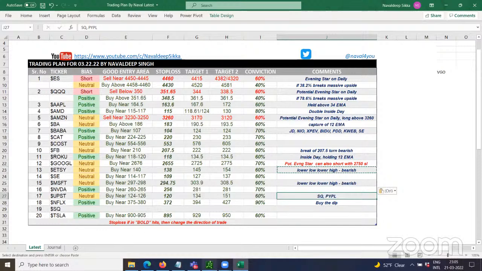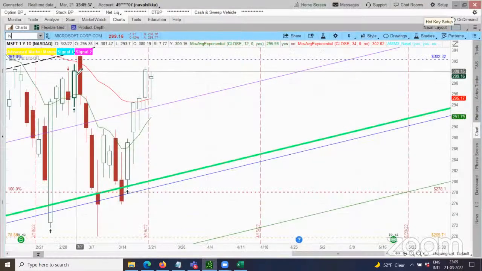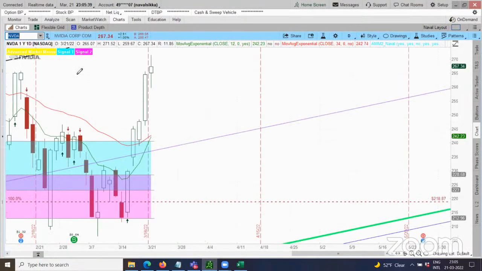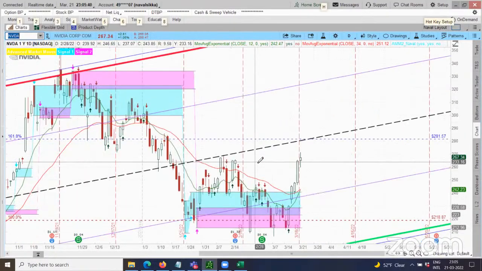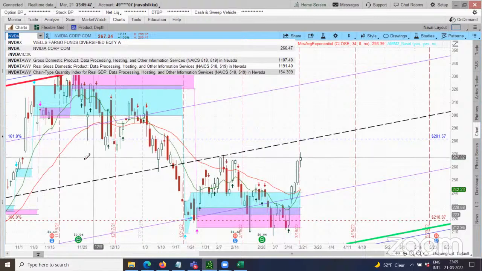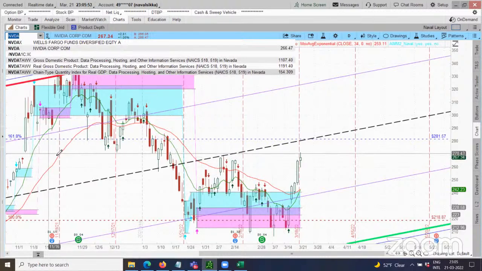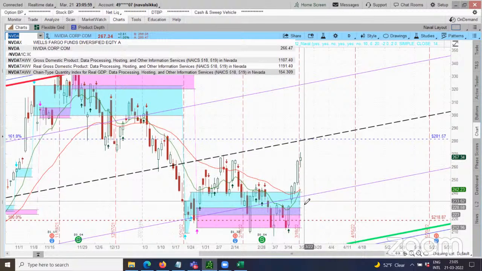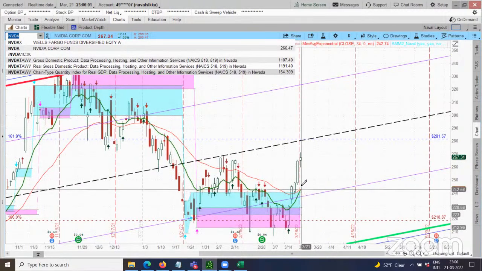Then we have Nvidia. So Nvidia struggled at 270 area where previously 270 was a gap, and it held on to that multiple times. Now this should act as resistance, and it did. So tomorrow either the trend finally is getting positive for it.